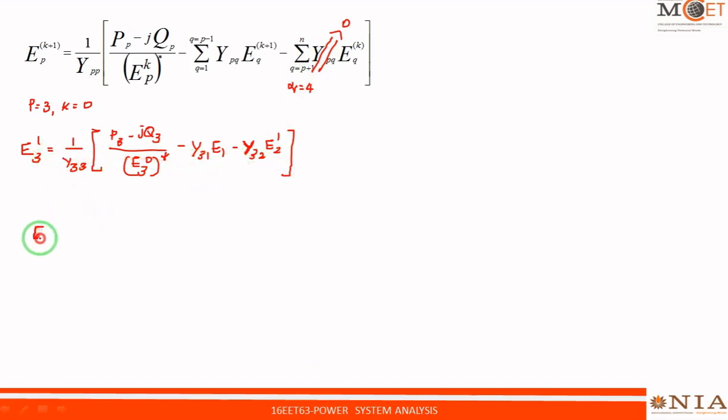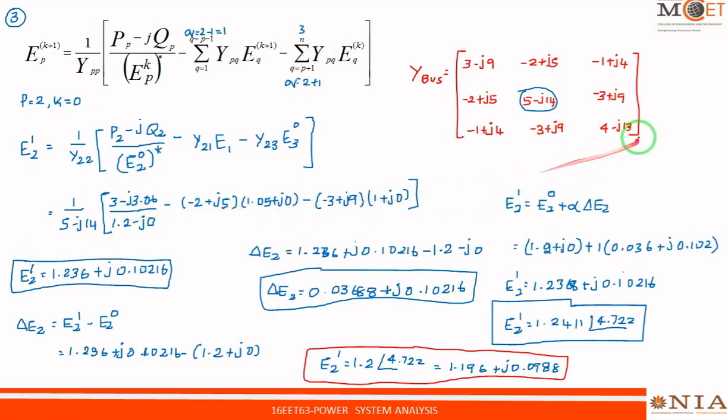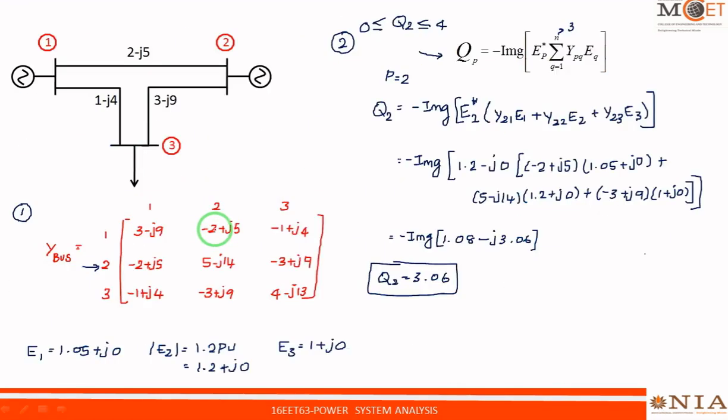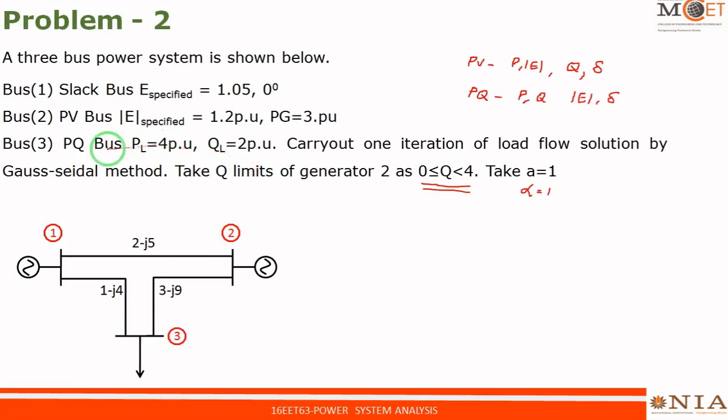So E31 becomes 1 by Y33. Y33 is given as 4 minus j13. So 4 minus j13 into P3 minus jQ3, which is given in the problem. For the third bus, the P value is 4 and the Q value is 2.